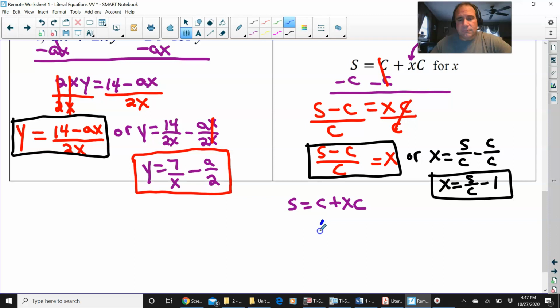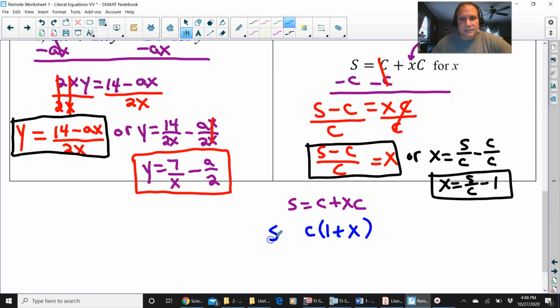So what I wanted to tell you to do is to factor out the c and the c here, and that would leave c on the outside. C times what equals c? That's 1. And c times what equals xc? Well, c times x, right?